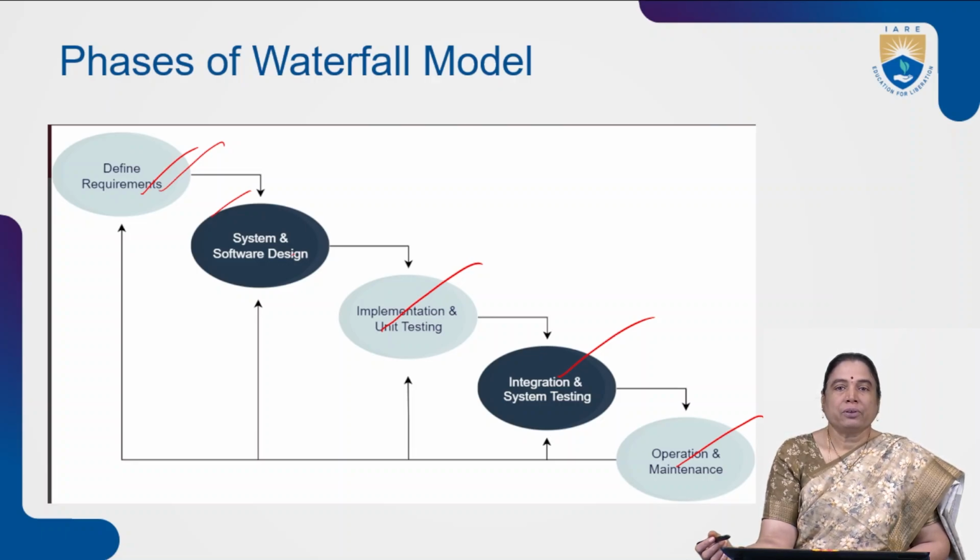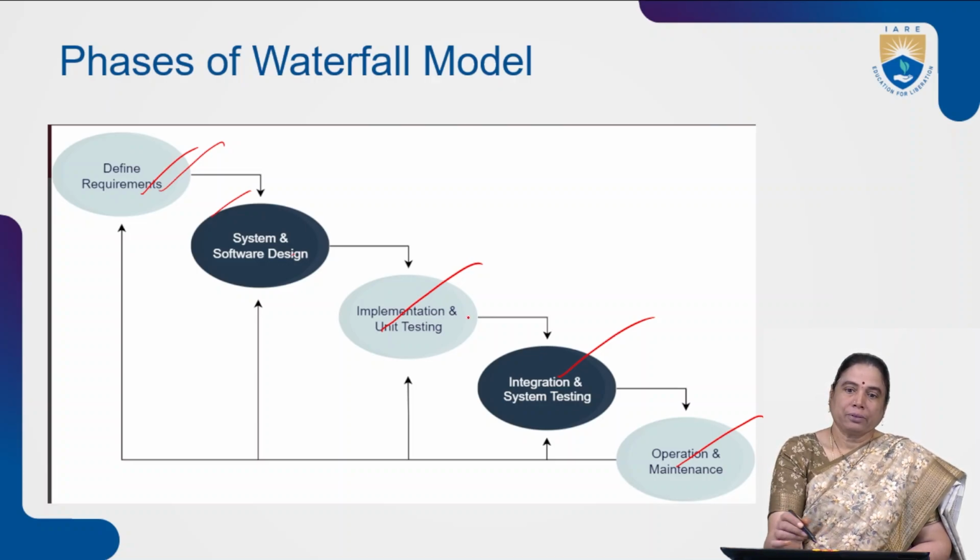Here the objectives and scope of the project are well understood. Depending upon that, UML diagrams, the Unified Modeling Language, and various CASE tools are used to represent a visual model of the project. The design document is fed as input to the implementation and unit testing phase. Here the actual source code is developed, and as soon as a small part of the project, generally referred to as a unit, is available, it can be tested.